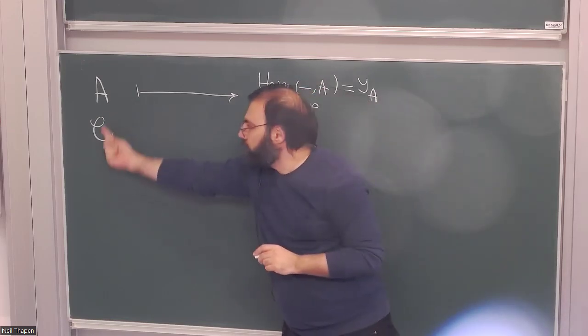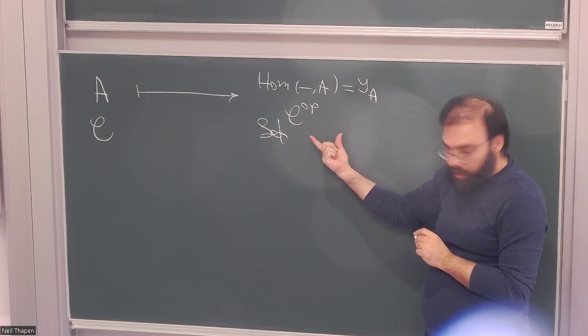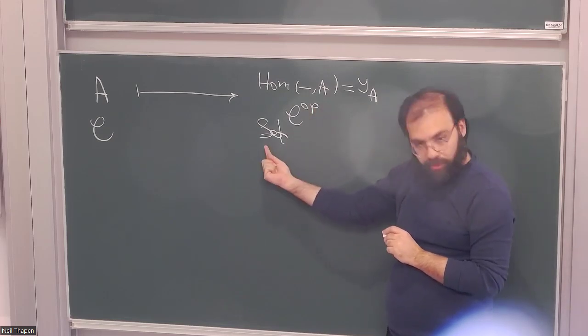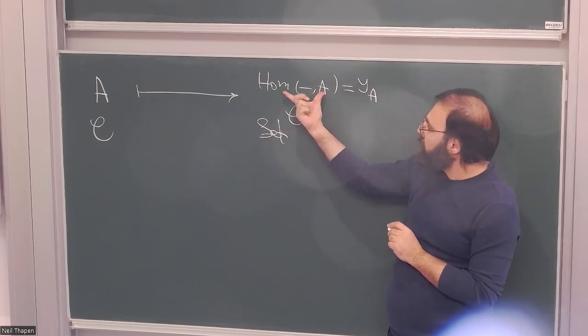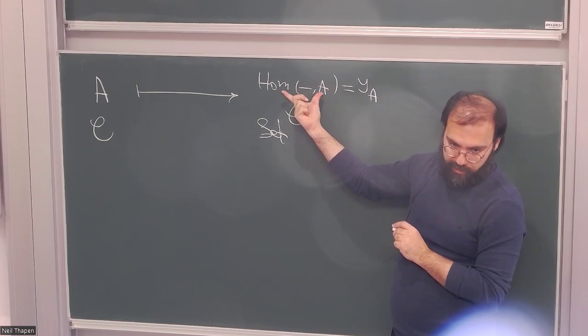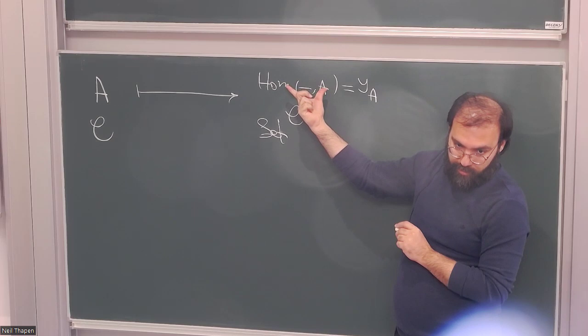To any object, I assign an object. An object here is just a functor from C opposite to Set. And we saw that this guy is a functor from C opposite to Set, right?